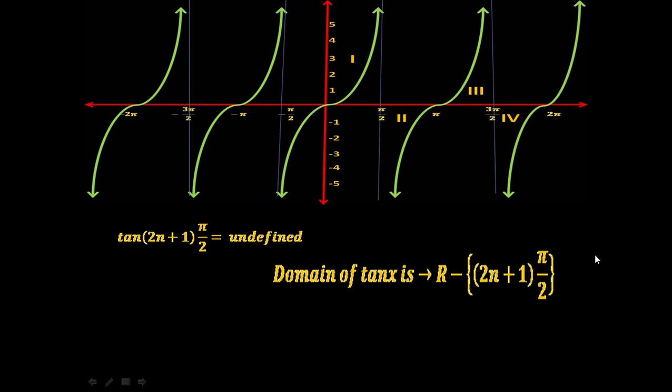Means from the real numbers, if we remove all the odd multiples of pi by 2, we shall get the domain of tan, because for all the odd multiples of pi by 2, the value of tan is undefined. And what is the range? So the range of the tan function is from minus infinity to plus infinity. That means the value of the tan function is from minus infinity to plus infinity.